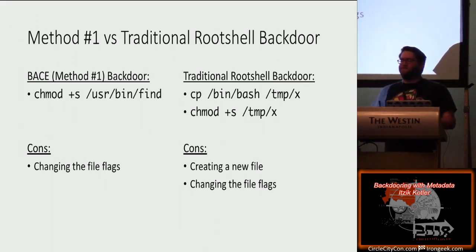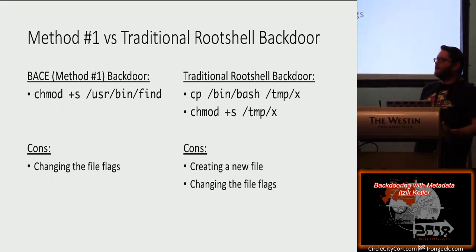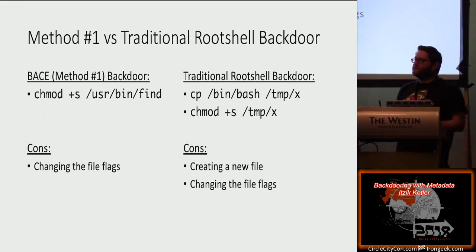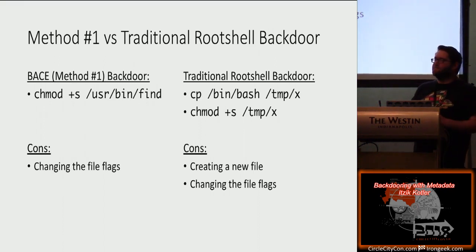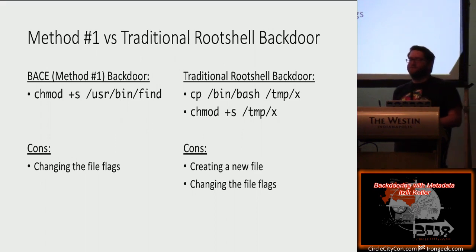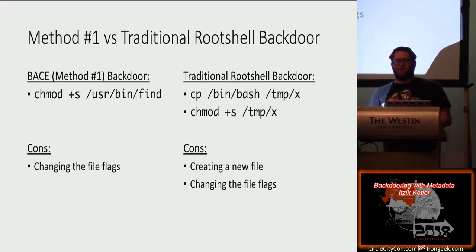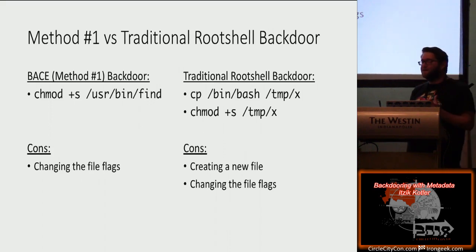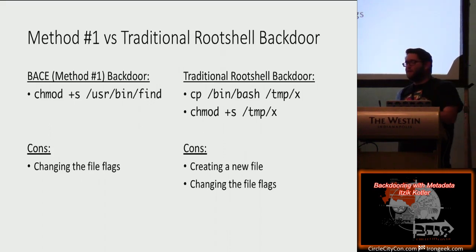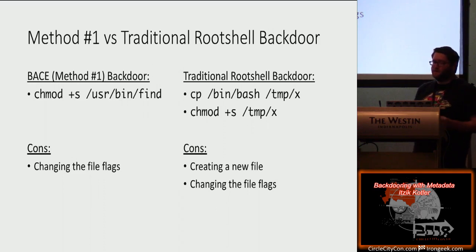However, there is an obvious anomaly here. Creating a new file is a larger indicator, a larger footprint within the system, because we do not know what kind of processes are running on that system that may examine that new file introduction. In some cases, such as a read-only situation, creating a new file is not even allowed by the design of the system. Therefore, what we offer today in the BACE method is that we do not need to create a new file every time.